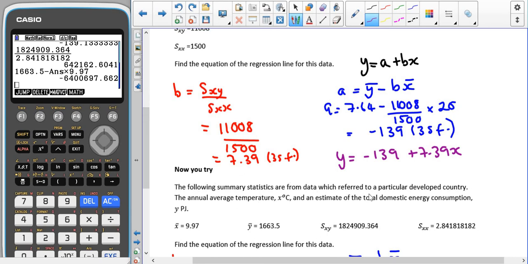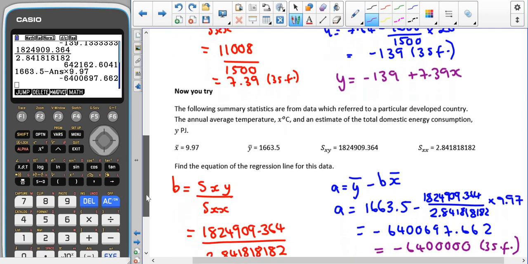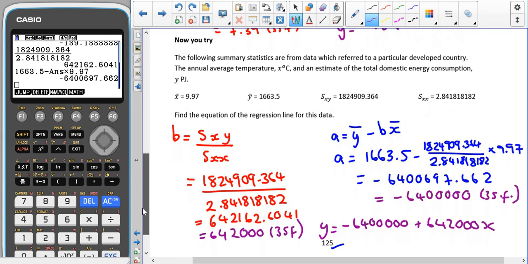So the following summary statistics are from data which referred to a particular developed country, the average annual temperature, X, and an estimate of the total domestic energy consumption, Y, is given, and then we're asked to find the equation for the least squares regression line.